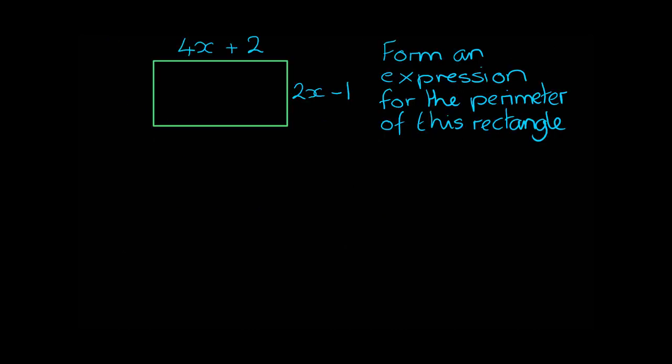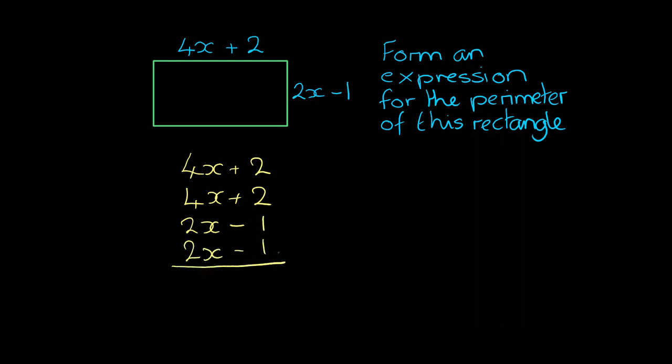So another way that this might show up is that they might give you some geometry or angle work to use in order to create an expression. So here it says form an expression for the perimeter of this rectangle. So to find the perimeter of a rectangle, we add up all the sides. So we've got 2 sides that are 4x plus 2. And we've got 2 sides that are 2x minus 1.